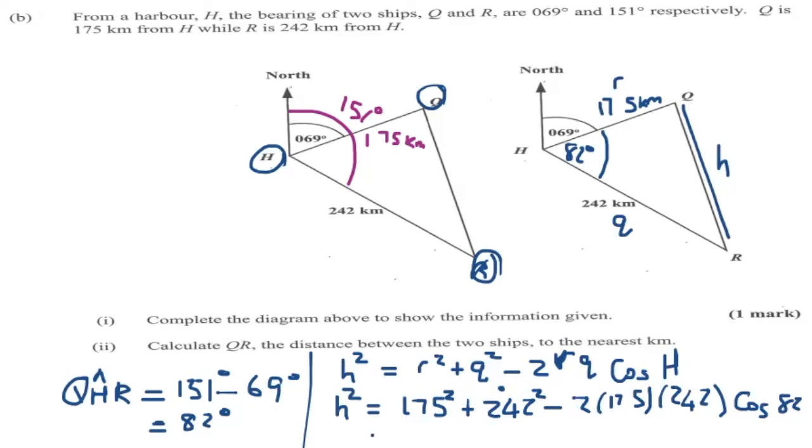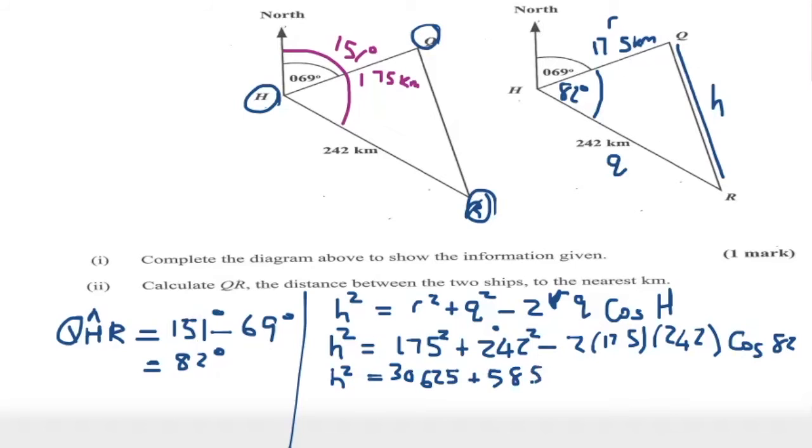Now calculating this, I will square 175. Put 175 squared in your calculator to arrive at 30,625.